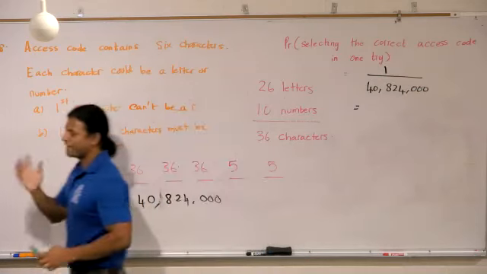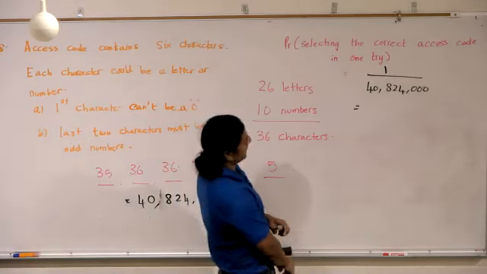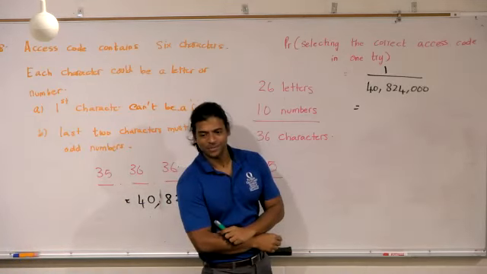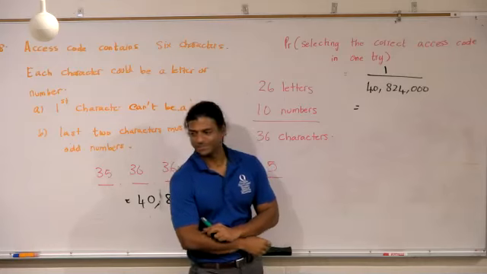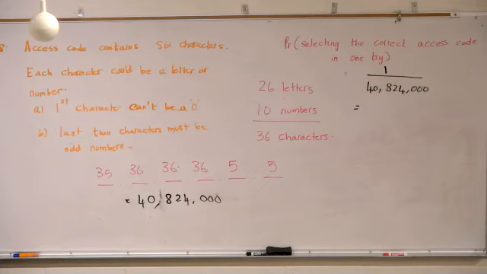And that is a very small probability. What do we get? It's like 2.5 times 10 raised to negative 8. Let's use the calculator: 1 over 40,824,000.